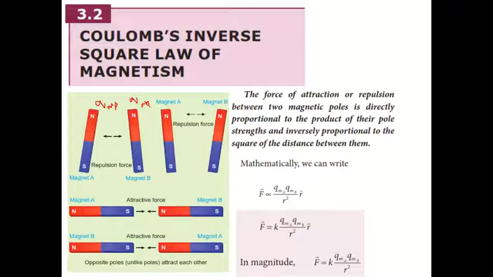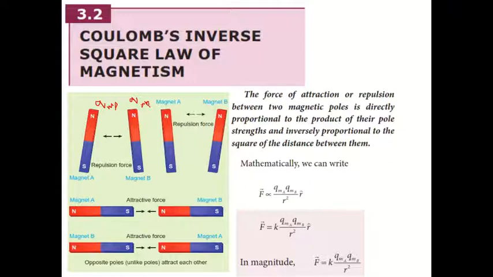That's why F is proportional to QMA into QMB divided by R square. QMA is the pole strength of magnet A, QMB is the pole strength of magnet B, and R is the distance between the two poles.